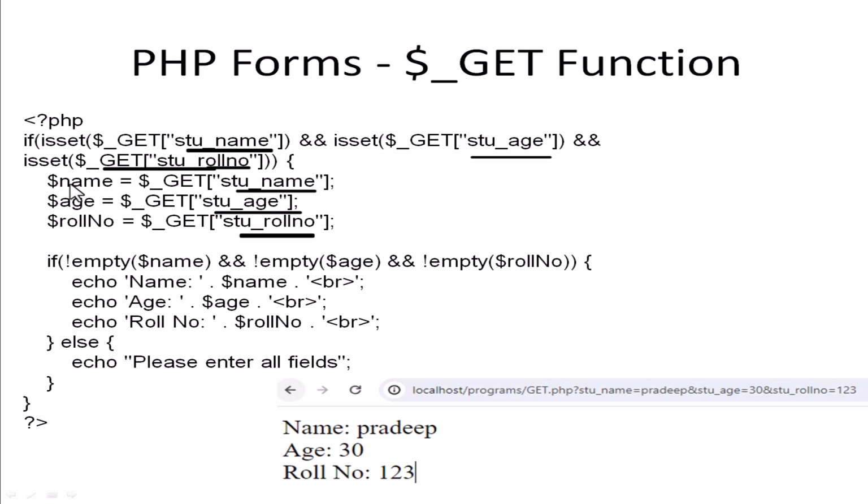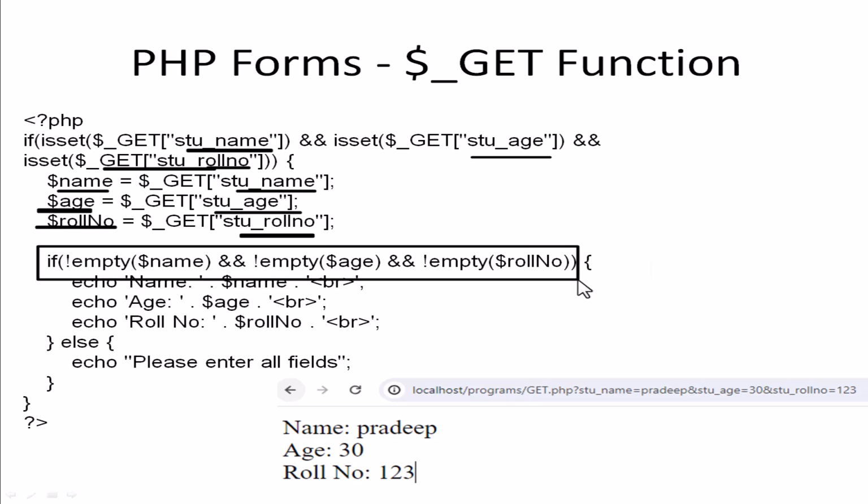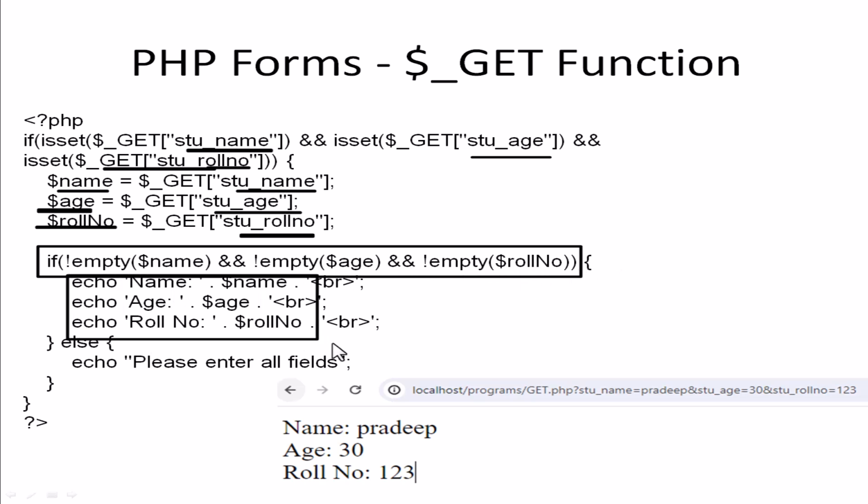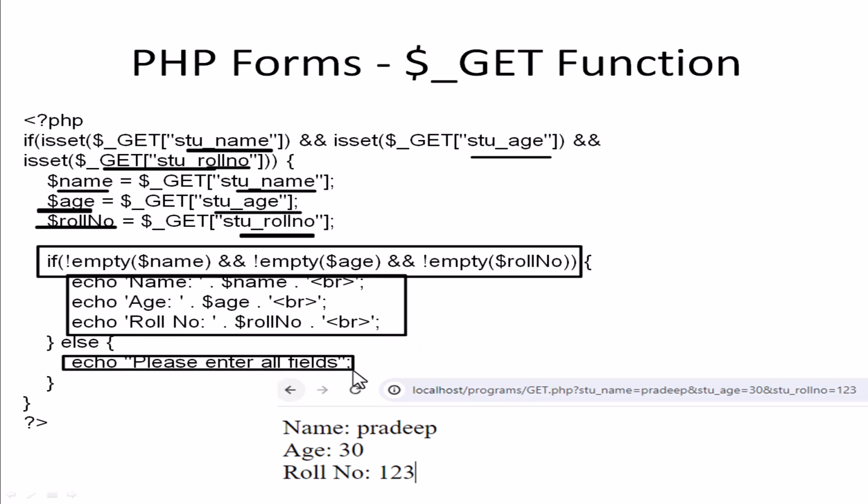Student name is assigned to name, which you entered in the text box, student age is assigned to age, and student roll number is assigned to roll number. Then with an if condition, we check that name is not empty, age is not empty and roll number is not empty. If the three fields are non-empty, it is going to print the name, age and roll number. Otherwise it displays the message, please enter all the fields.